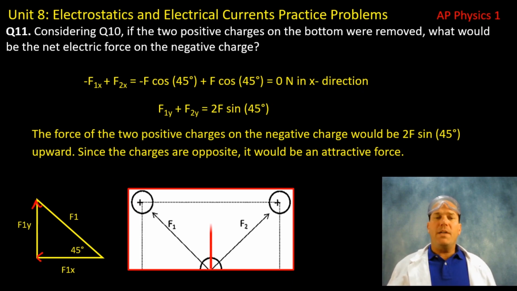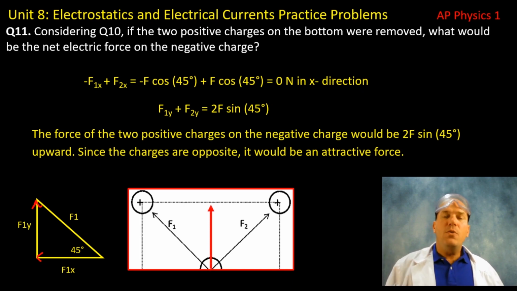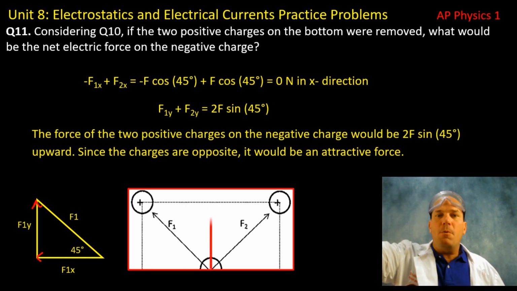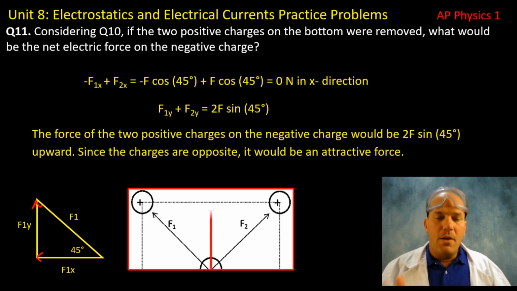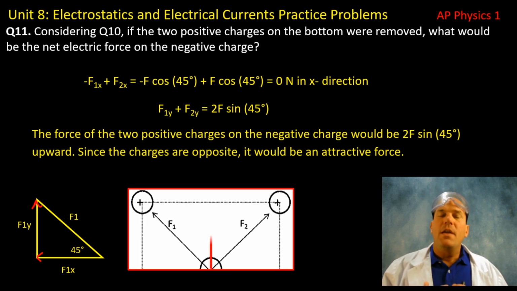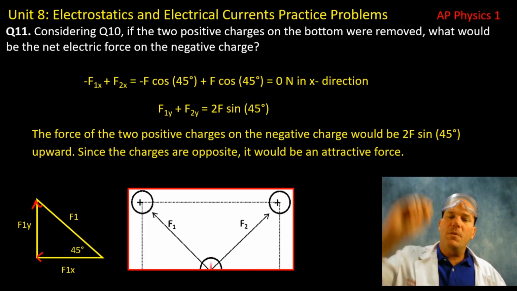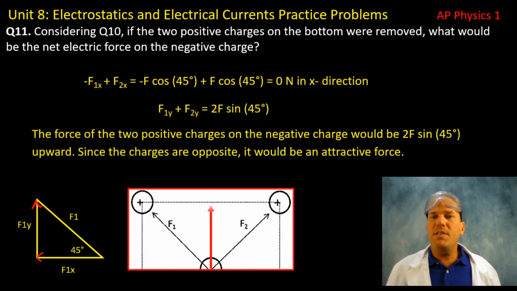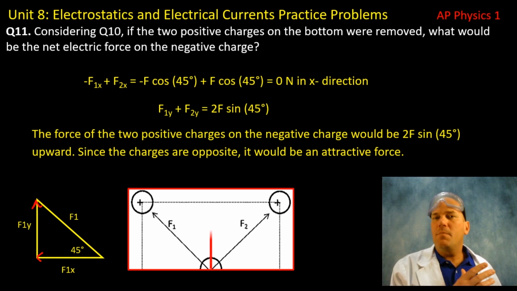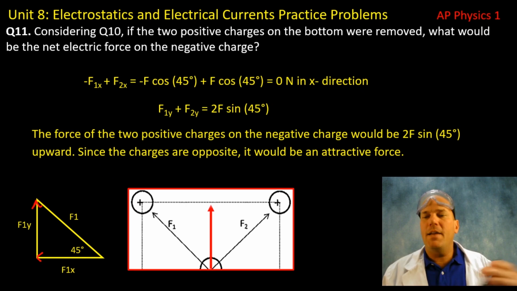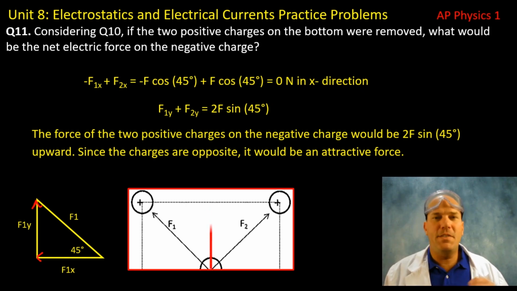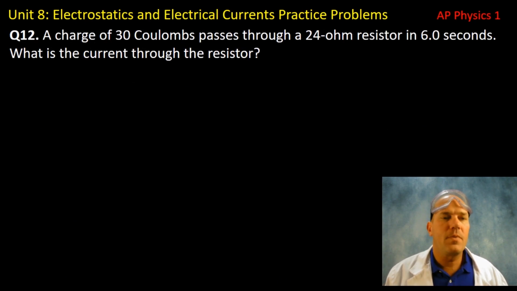So this negative charge is going to move straight upward, and the charges are opposite, and we know that's an attractive electrostatic force. So the one particle is going to move straight up toward the centers of the positive particle 1 and positive particle 2, and that is going to be with a 2F sine 45 degrees.